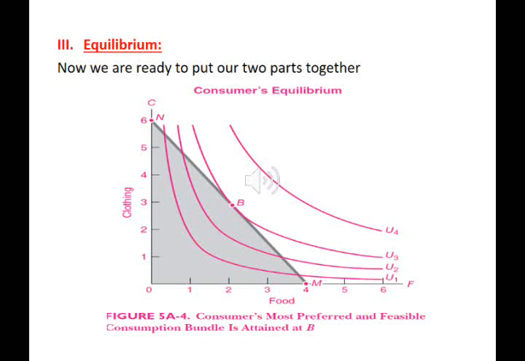Okay, so at point B, which is the solution to our consumer problem, which is the point of equilibrium of our consumer, we have MUF over PF equal to MUC over PC. We just got rid of the negative signs because both slopes have negative signs, so they cancel out each other, and we are left with our equimarginal principle.